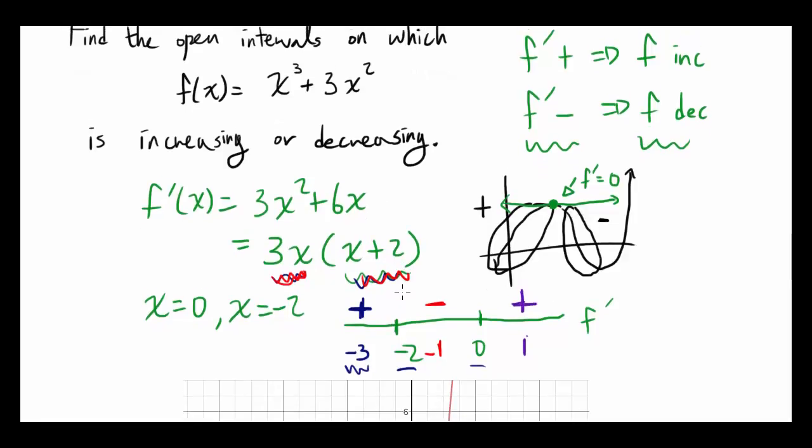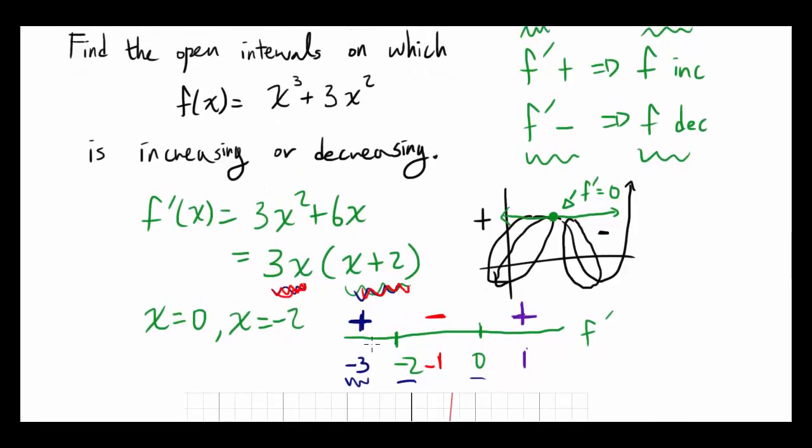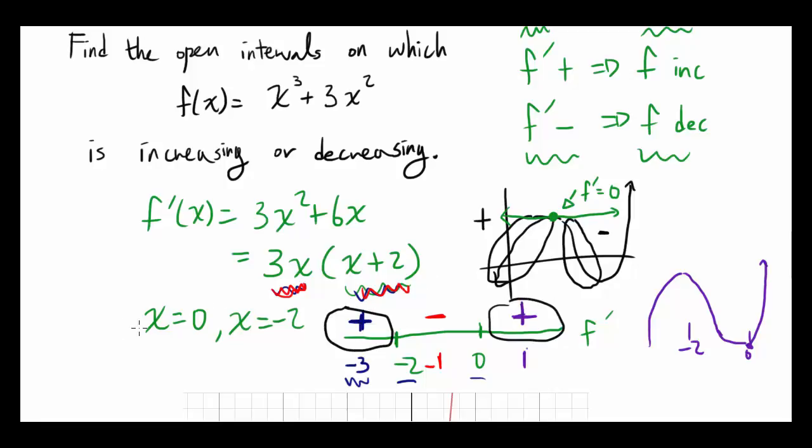So as we can see, our function f is increasing before negative 2, so it's going up before negative 2, then it's going down, or decreasing, after negative 2 and until 0, and exactly at 0, it starts going back up. So we know the function is increasing right here and right here, because f prime is positive.